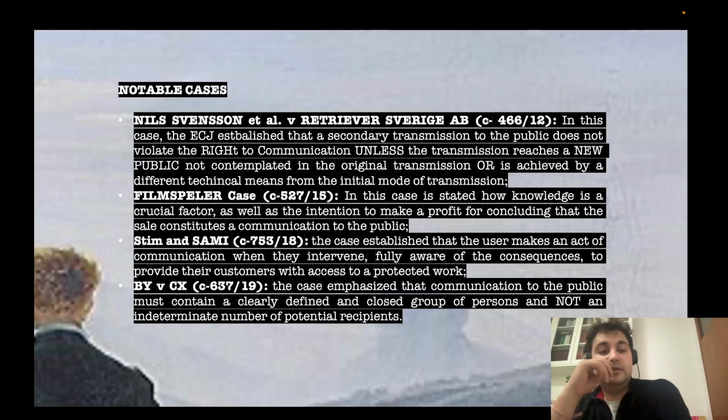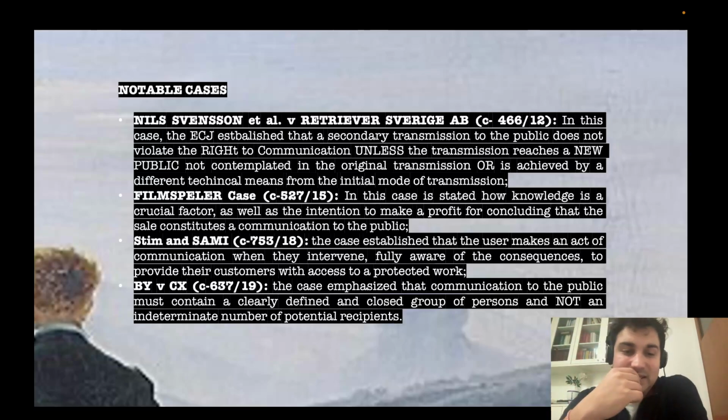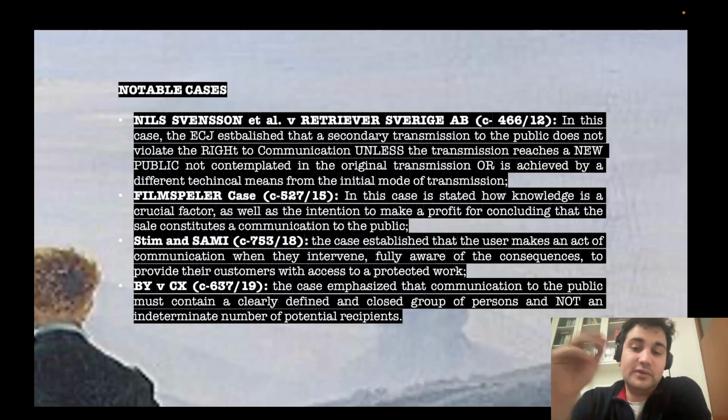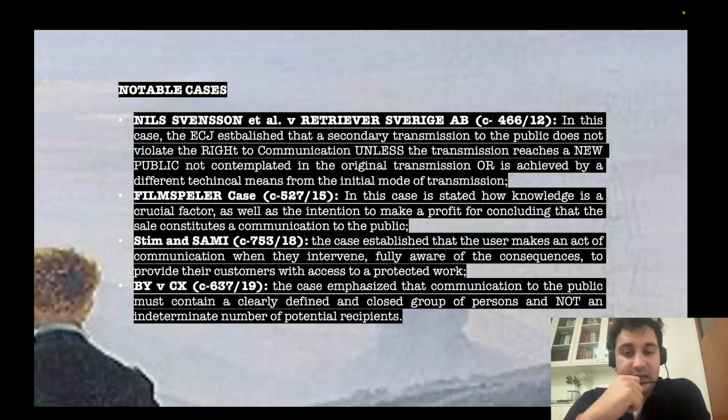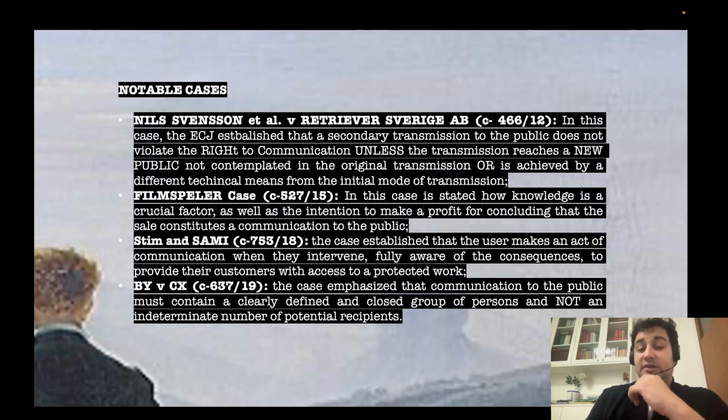Finally, this one is a strange name for the case, because it's BY versus CX. I think they just redacted the names, but that's the way in which they're reported. That is C-637/19, in which the case emphasizes that communication to the public must contain a clearly defined and closed group of persons and not an indeterminate number of potential recipients.